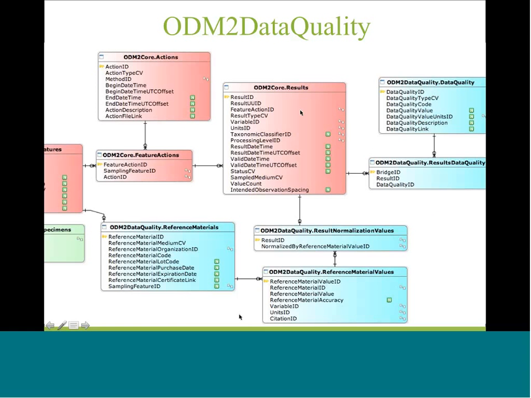A lot of data quality information is related to the use of standard reference materials. So there's a need to keep track of those reference materials. The International Atomic Energy Agency produces all sorts of isotope reference materials, which are absolutely fundamentally required to interpret or to even analyze environmental data.